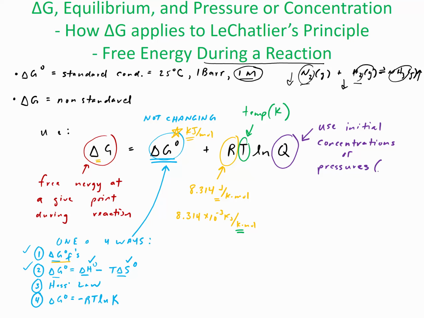If you use pressures, by the way, they have to be in atm, and concentrations, of course, in molarity. So it's going to be products initially, that's the 0 there, over reactants initially, or the partial pressure of the products over the partial pressure of the reactants.